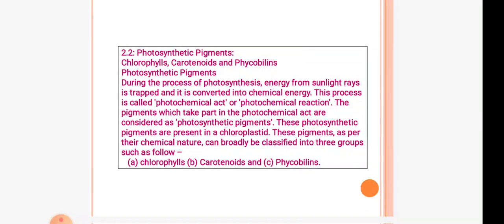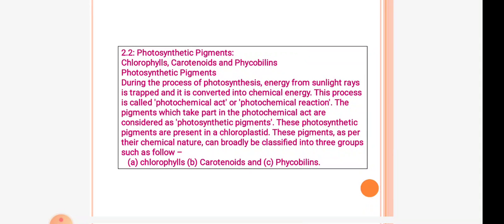Then we will study about photosynthetic pigments: chlorophyll, carotenoids and phycobilins. Photosynthetic pigments function during photosynthesis. Energy from sunlight rays is trapped and converted into chemical energy using these pigments.